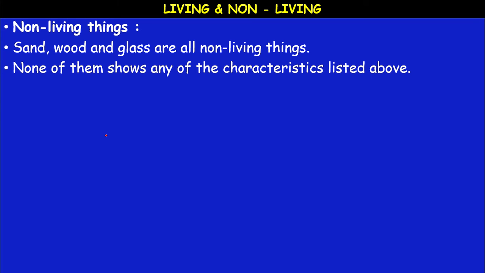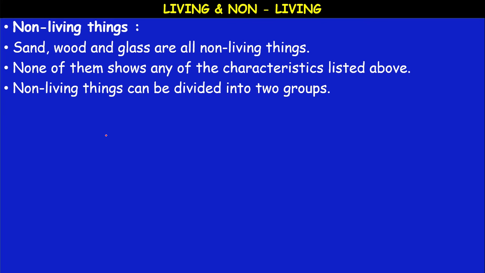What are they? Growth, reproduction, respond to the stimuli, breathe, eat, feel, whatever it may be. Those characteristics are not shown by sand, wood and glass. That's why they are non-living.